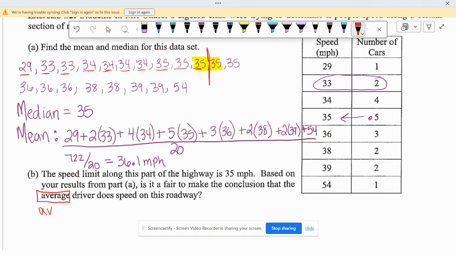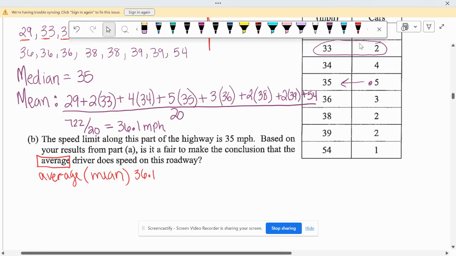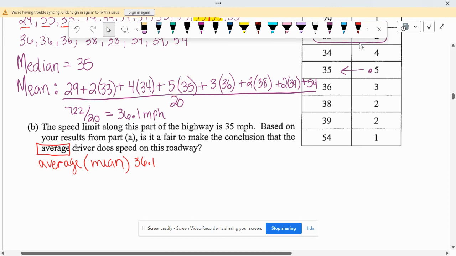So our average speed, which is our mean, was 36.1. So should we conclude that pretty much the average driver speeds on this road? Yeah? 1 mile per hour over is speeding. How many people?